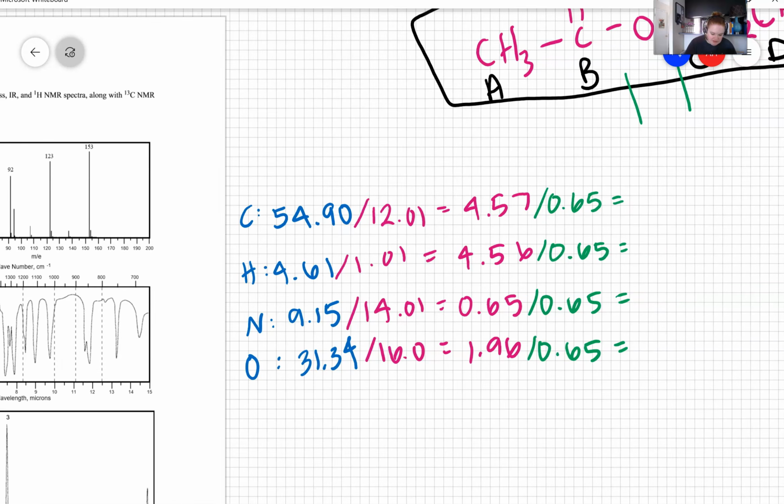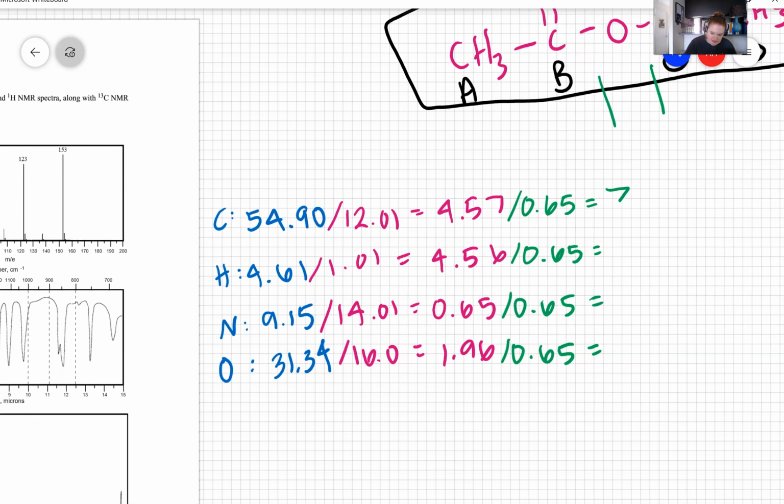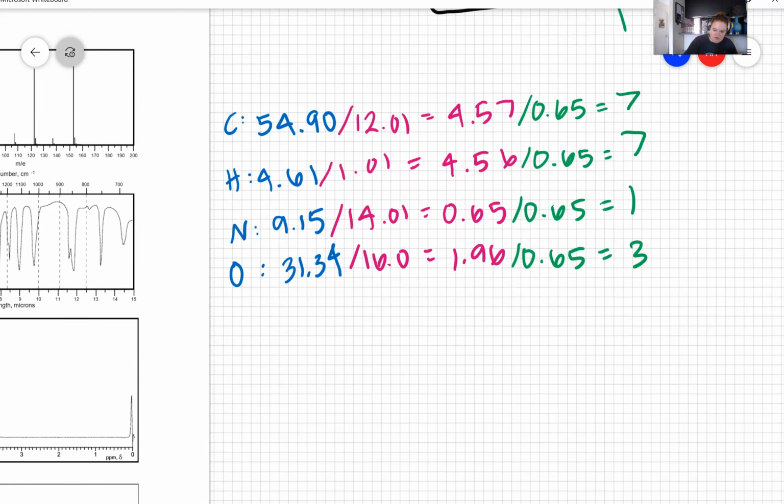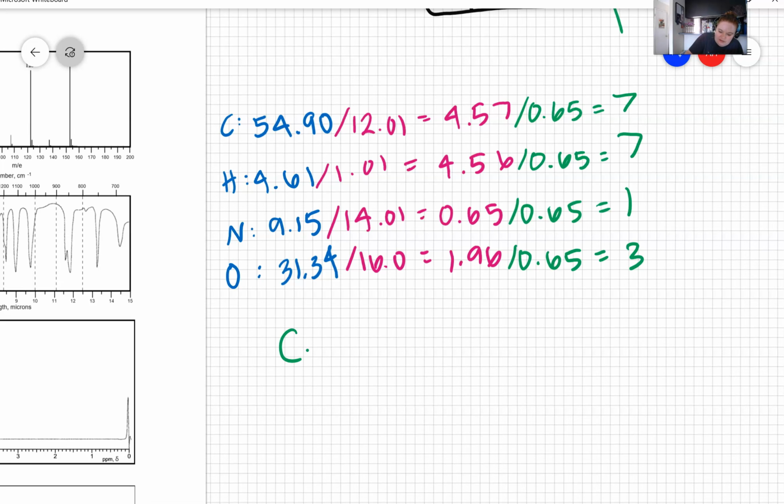And we get 7, 7, 1, and 3. So my empirical formula is carbon 7, hydrogen 7, nitrogen, oxygen 3.